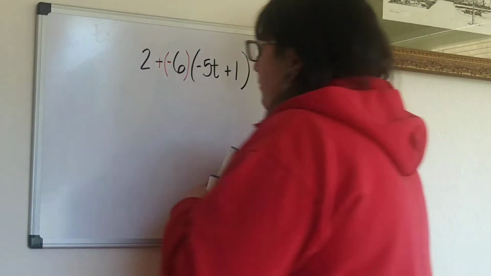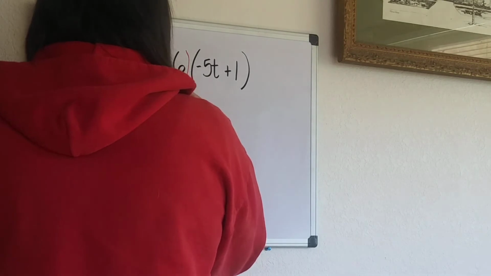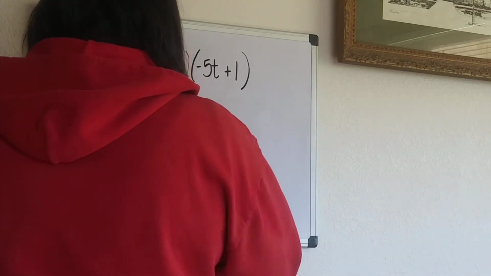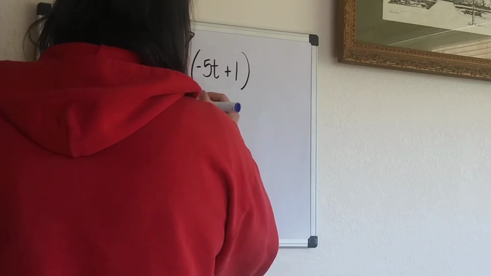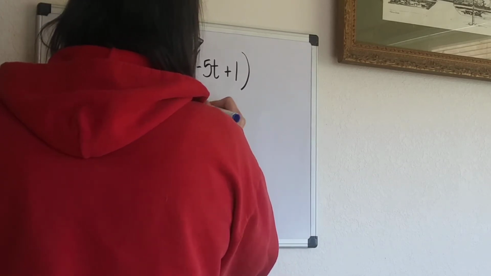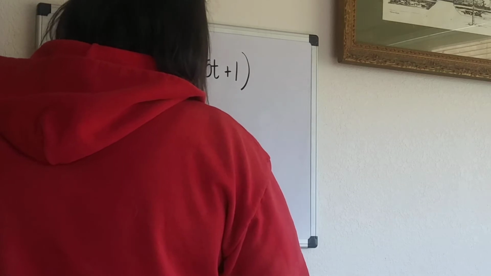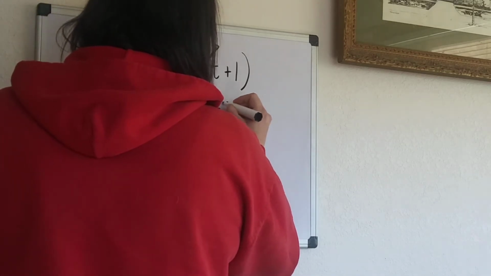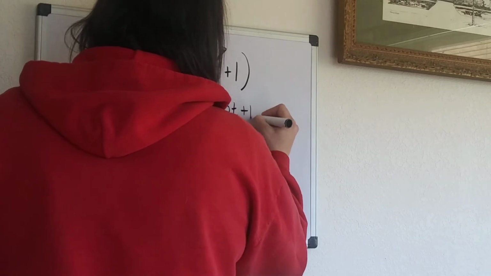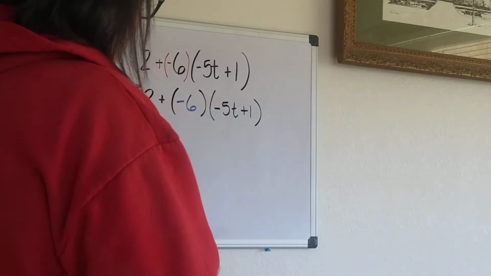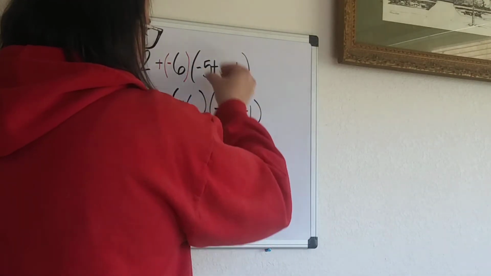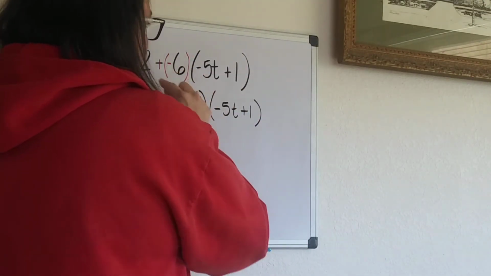So then let's say I rewrite it: 2 plus, and I'm going to change this color so we can talk about the distribution part of it, times -5t plus 1. So that part stays the same. Now I'm much more comfortable thinking that's a negative times that, than wondering, wait, am I subtracting?